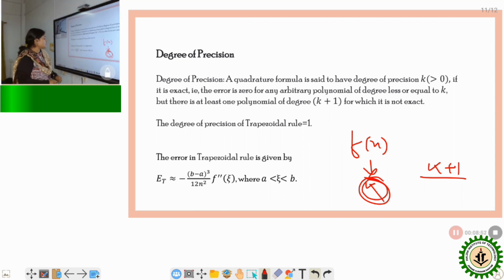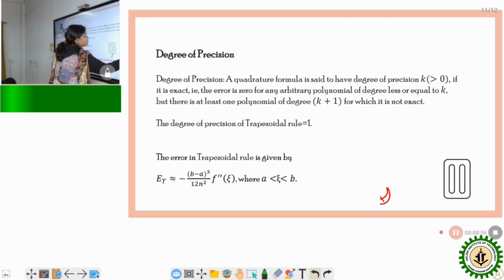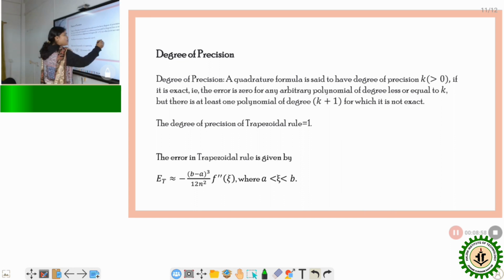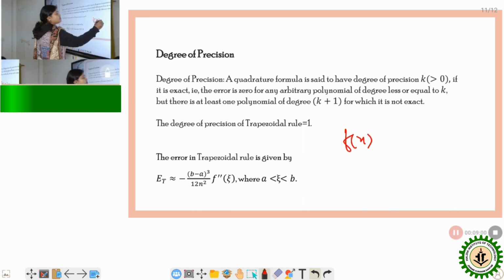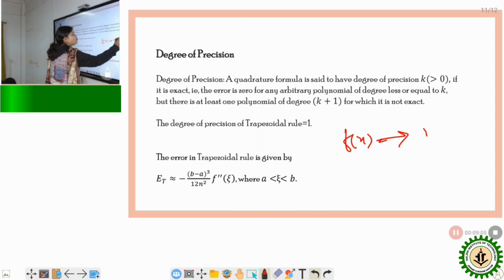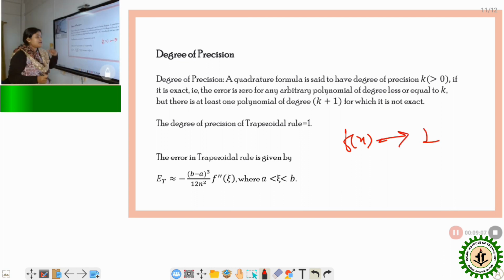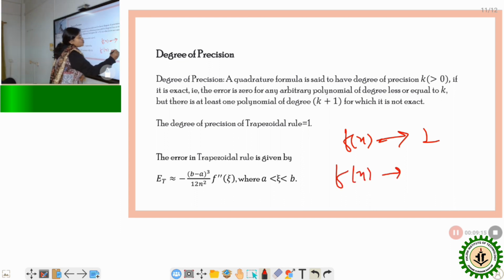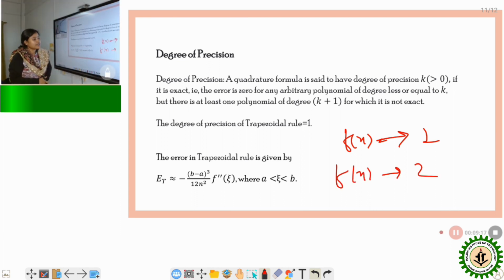Okay, in the case of the trapezoidal rule, if I check any polynomial of degree 1 and find the integral value by the trapezoidal rule, we will get no error. If I take a polynomial of degree 2, then we will get some error.